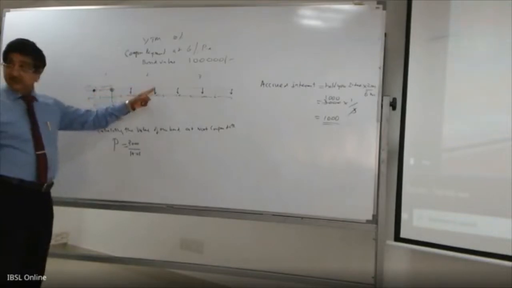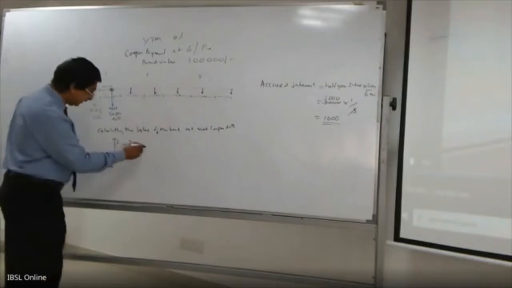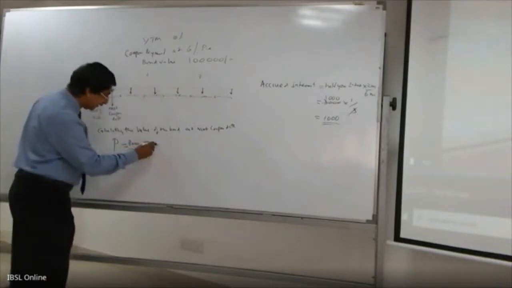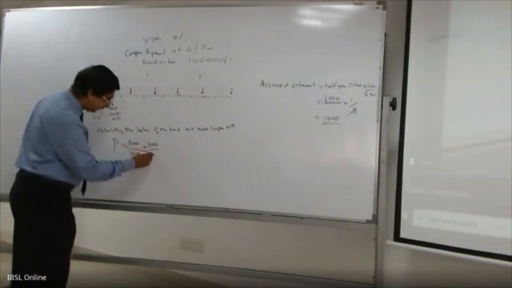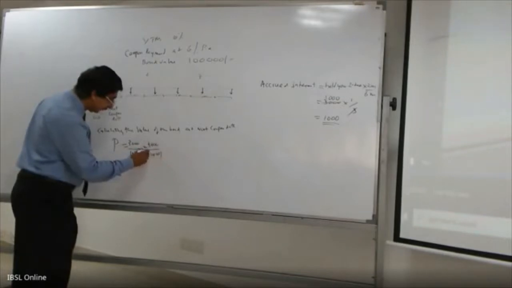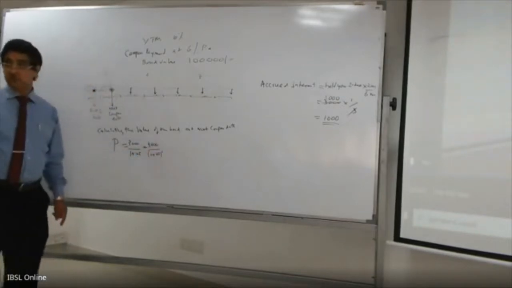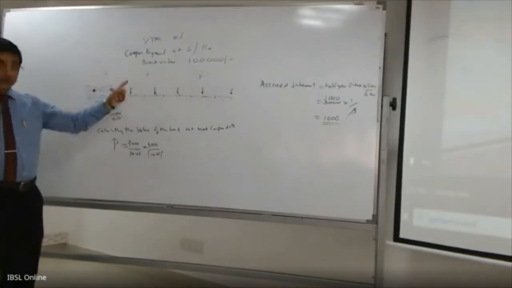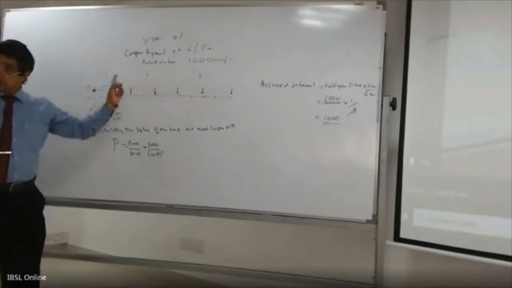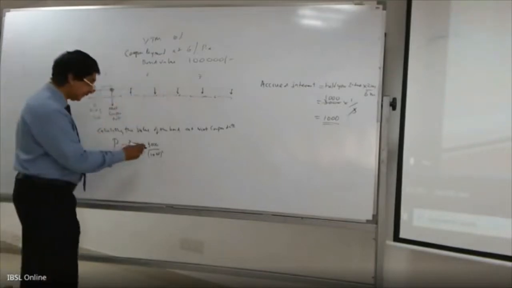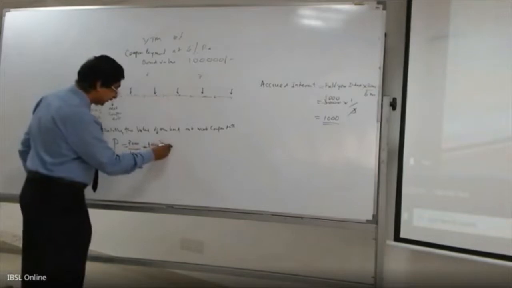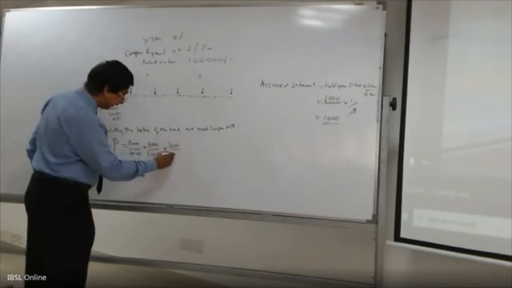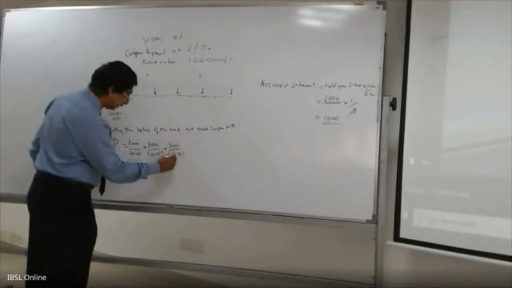If you take this, this would be 3000 divided by 1 plus 0.05 to the power 2, because it is 2 periods away from here. If you take this 3 periods away, then 3000 divided by 1 plus 0.05 to the power 3.